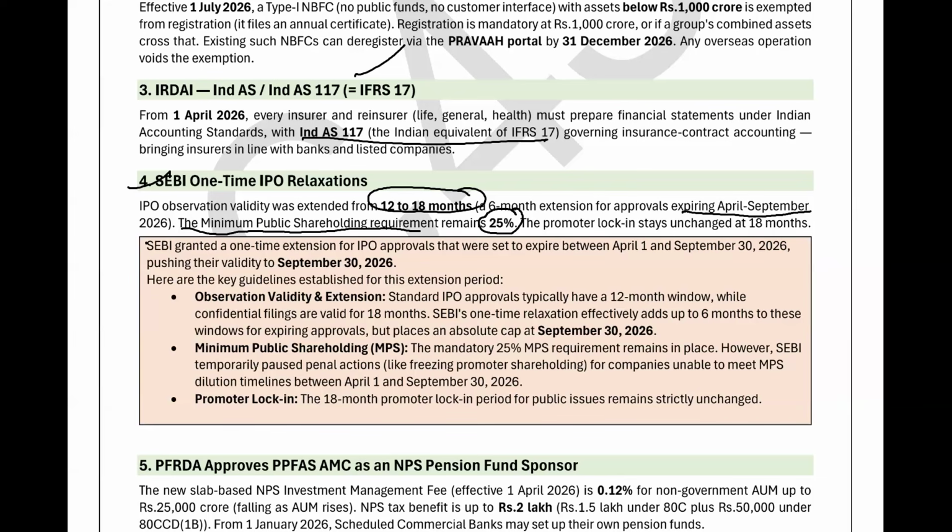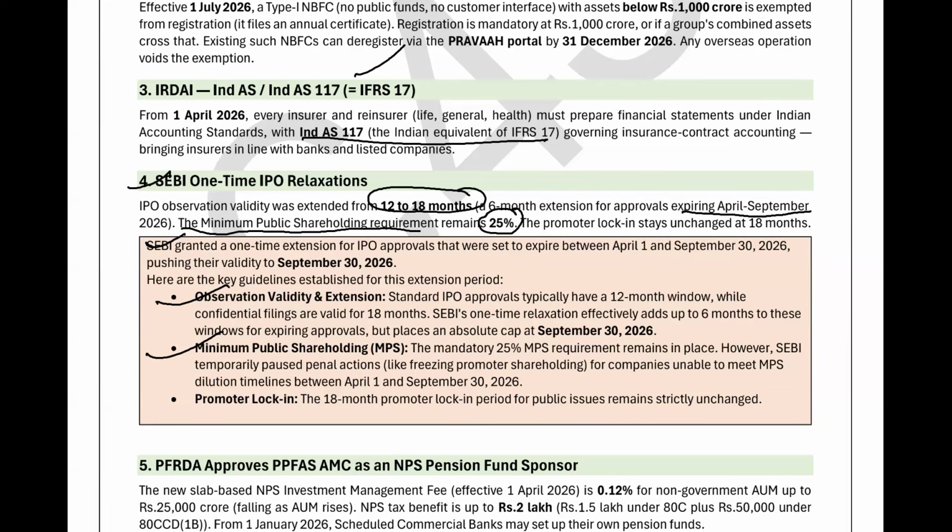Now, please try to understand. SEBI granted a one-time extension for IPO approvals that were set to expire between April 1st and September 30th, 2026, pushing their validity to September 30th, 2026. Read this. Observation validity extended to 18 months. Minimum public shareholding, MPS, that is the mandatory 25% MPS requirement remains in place.